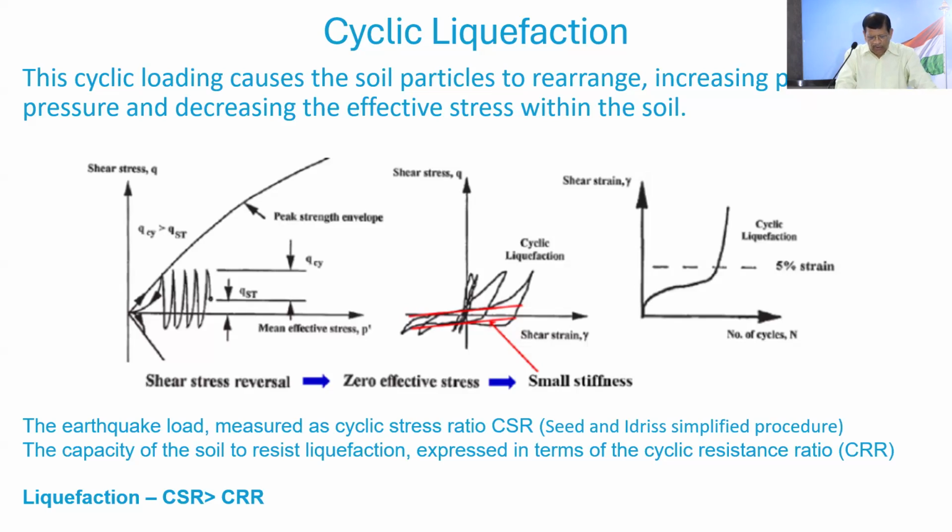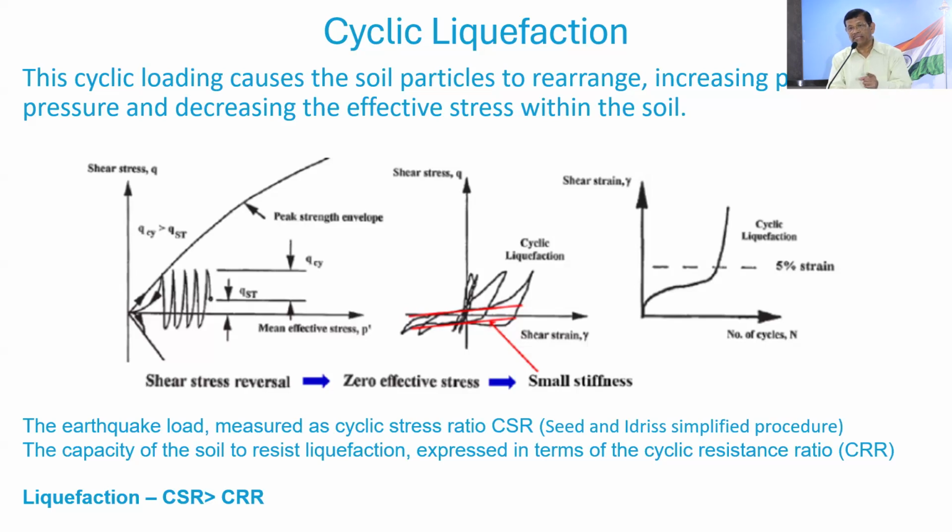In the earthquake loading, we have 2 important concepts. One is the cyclic stress ratio, another is the cyclic resistance ratio. I am just giving you the concepts. These are all covered in any soil mechanics book, where you will find how we can determine the cyclic stress ratio and how you can determine the cyclic resistance ratio.